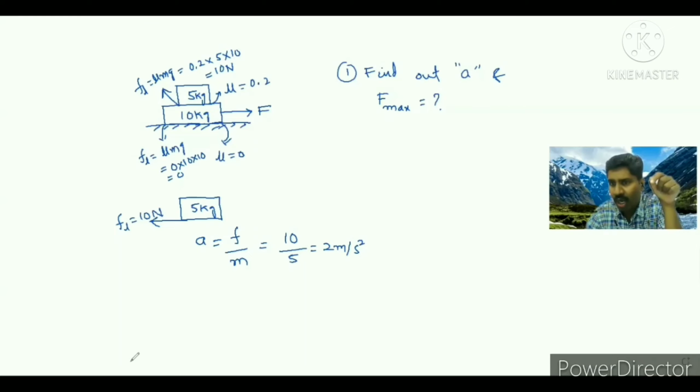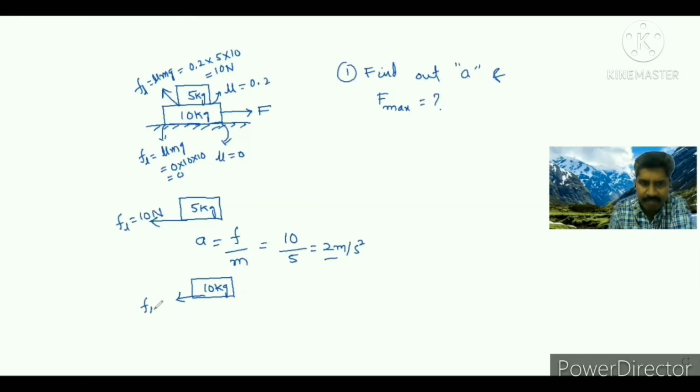But F max means up to that force both blocks will move together, so both blocks' acceleration is 2 meter per second square. We need to substitute this acceleration for the 10 kg block. Drawing the 10 kg block: at the bottom the limiting friction is 0, and at the top it is 10 newtons in the opposite direction to the applied force.